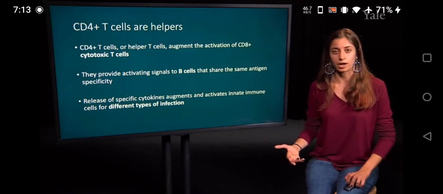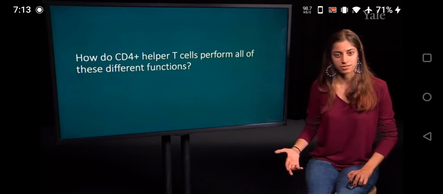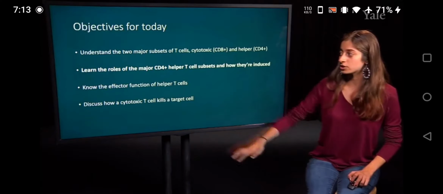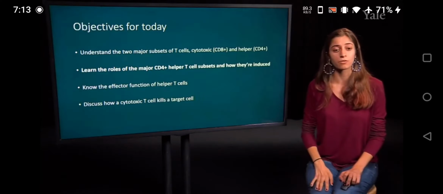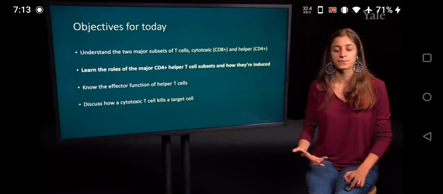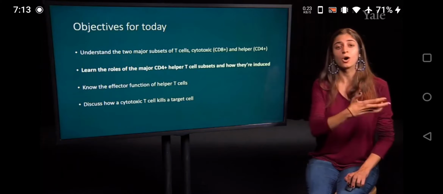How does it perform all of these functions? Well, that leads us to our next objective for the day, which is to learn the roles of the major CD4 helper T cell subsets and how they're induced. So unlike the CD8 positive T cells, there are actually a whole slew of subsets for CD4 positive T cells.